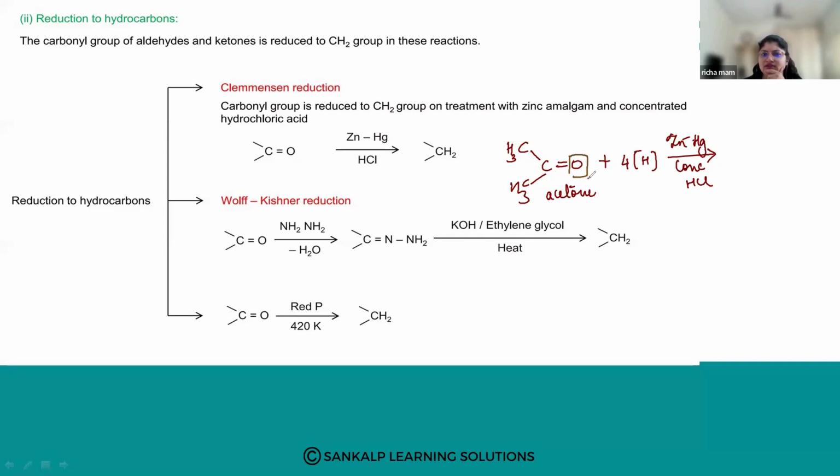So this oxygen, two hydrogens are added. It will combine with the two hydrogens again. And here two hydrogens are added. So what would be the product? Here this will combine with hydrogen and you will get H2O, and here CH3, CH2, CH3.